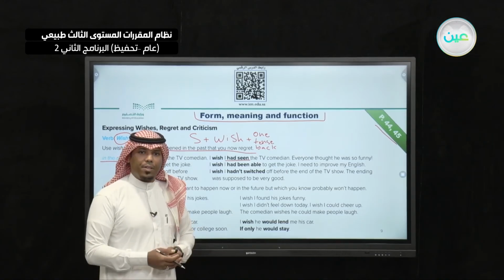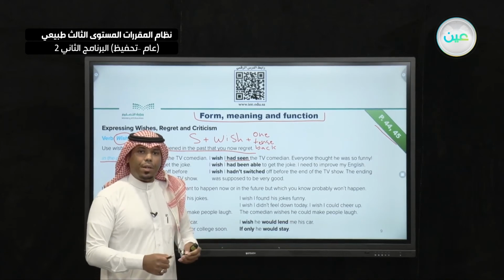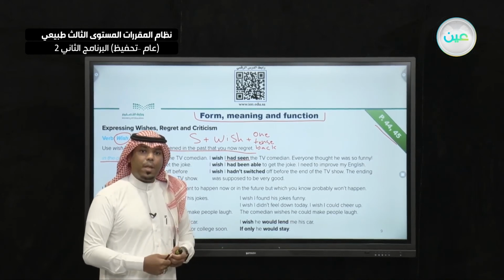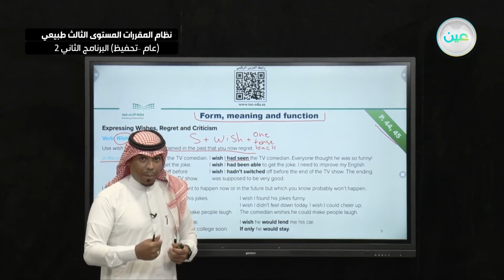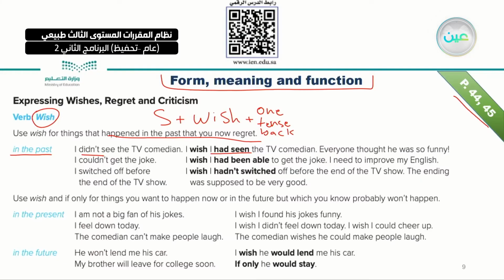What about the present? When you use the present tense, you should write wish with the past tense. Look, use wish and if only for things you want to happen now or in the future, but which you know probably won't happen. Let's look at the present now.